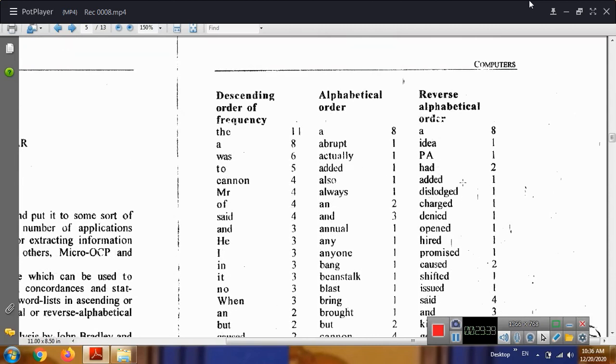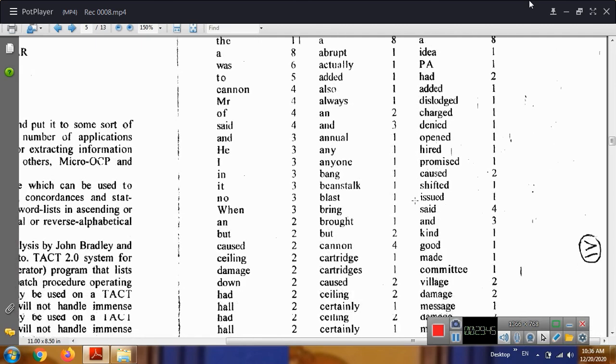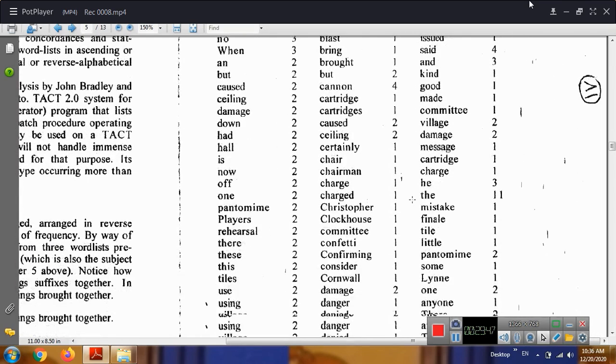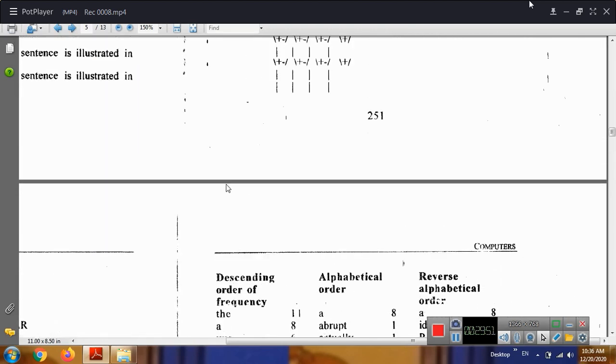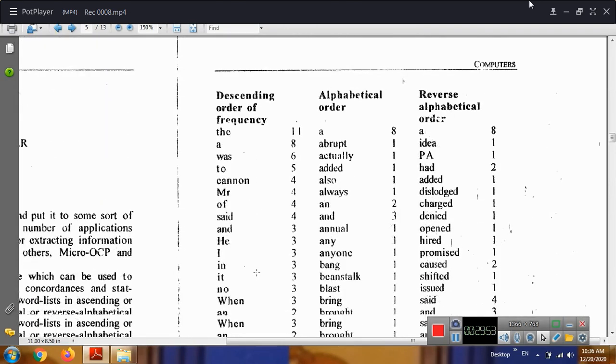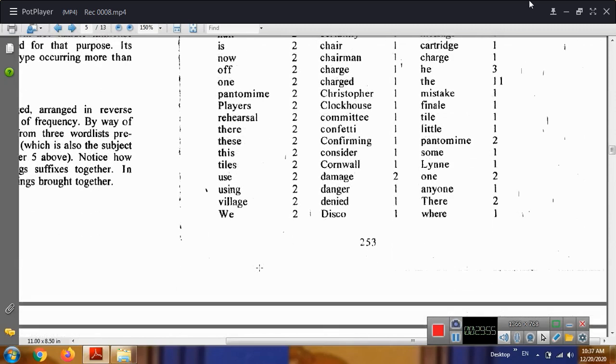Reverse alphabetical order in this way. Idea, added, coined. It is reverse alphabetic order.